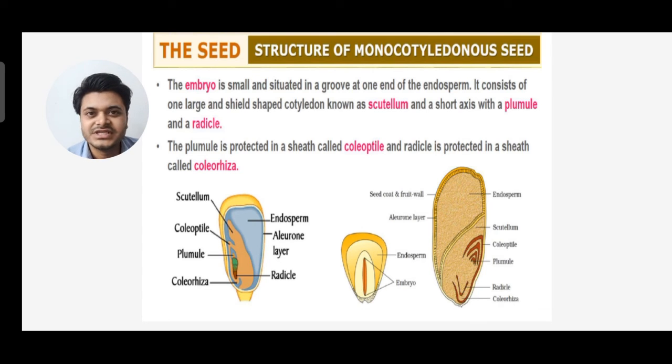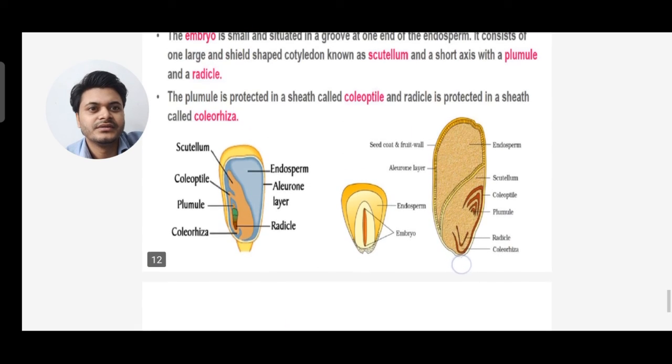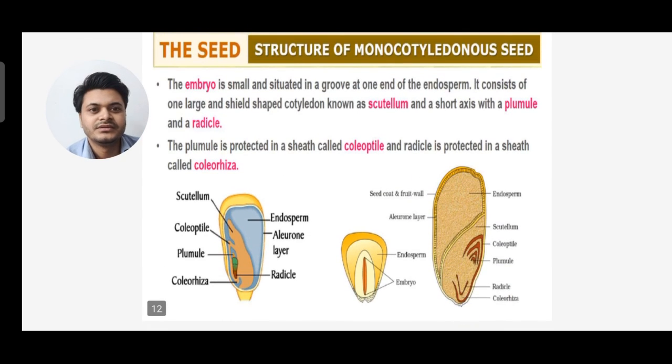You can see the figures of coleoptile, coleorhiza, radicle, plumule and scutellum. The plumule gives rise to the shoot system and the radicle gives rise to the root system. So this was all about fruit and seed. In seed I have discussed monocot seed and dicot seed.